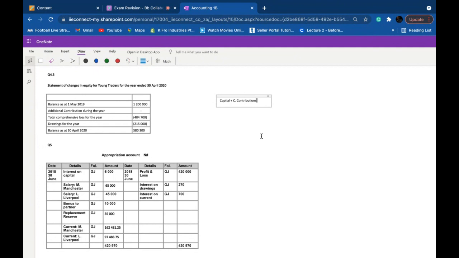Then we're saying, plus any profits. Okay. And obviously minus any losses. Okay, right. And then finally minus drawings. And then you would have your new capital balance.